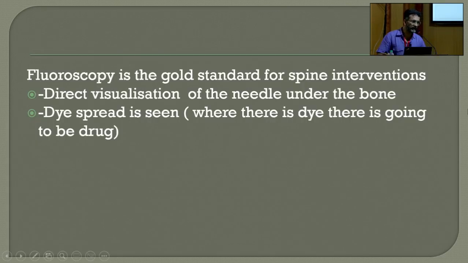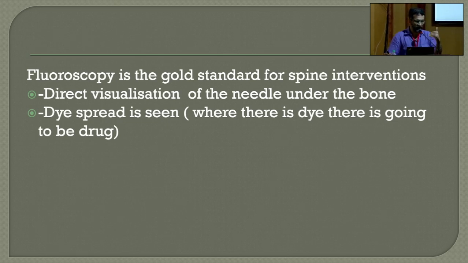With regards to spinal pain, fluoroscopy is the gold standard. And why do I say so? Because there is a direct visualization of the needle even when it goes below the bone. That is what you must have seen when we were doing those interventions.